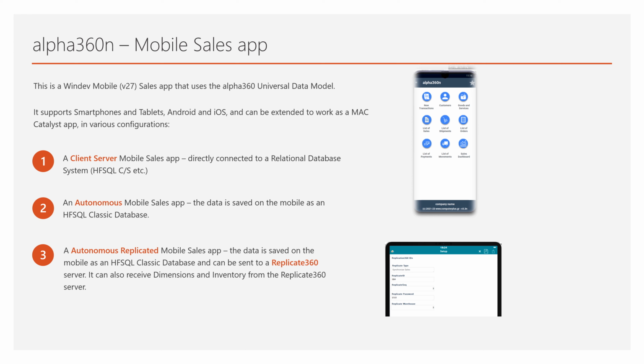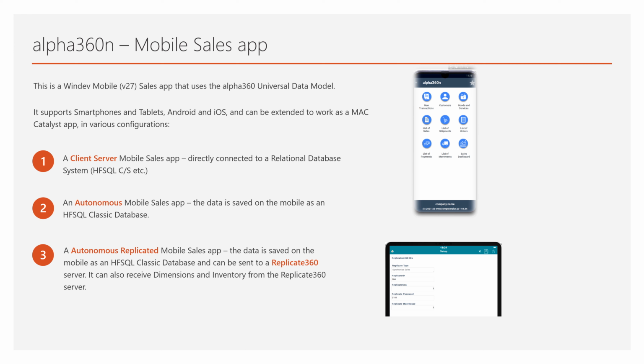alpha360n mobile sales app. This is a version 27 WinDev mobile sales application that uses the alpha360 universal data model. It supports smartphones and tablets, Android and iOS devices, and can be extended to work as a Mac Catalyst app in the following configurations.